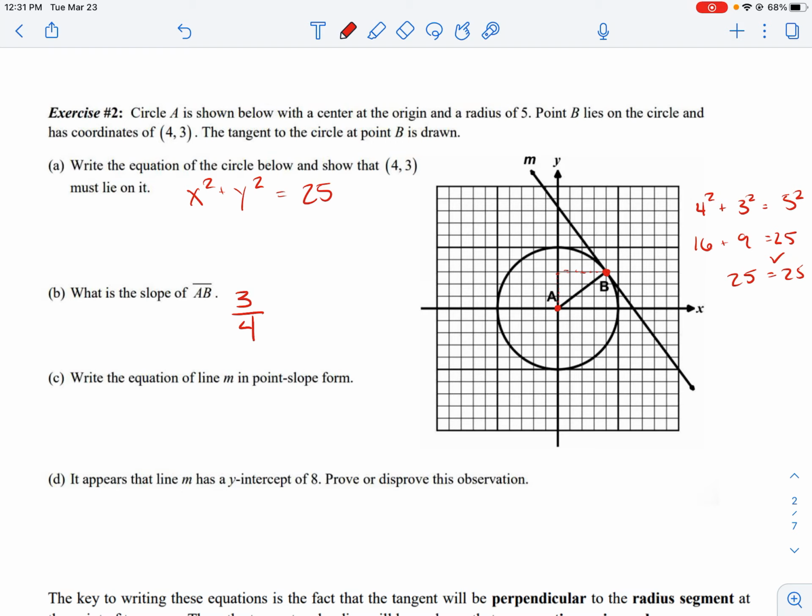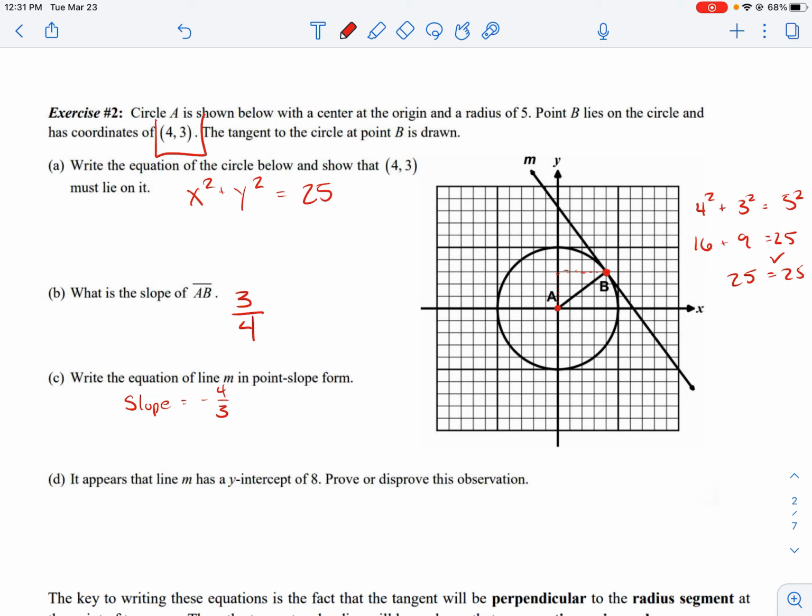Well, what do we need here? If I'm going to write the equation of this line, I know that this line here and this line here are perpendicular, which means that the slope of line M must be negative 4/3. And then we want to go through which point?